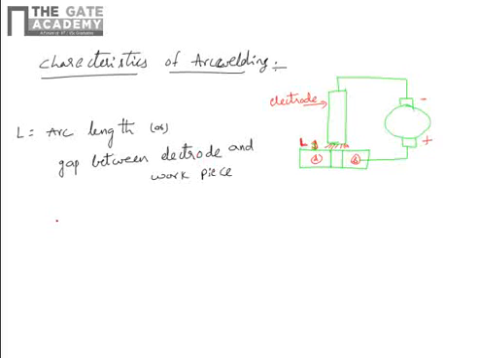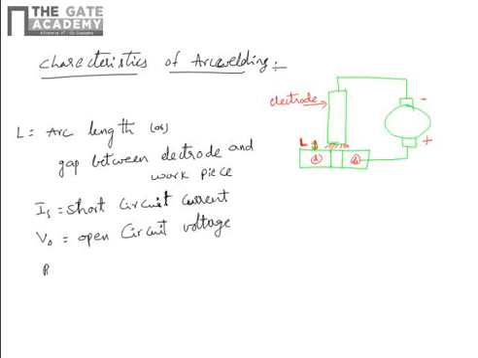IS is the short circuit current, the current passing through this. V0 is the open circuit voltage. Resistance equals V0 by IS, the short circuit resistance.